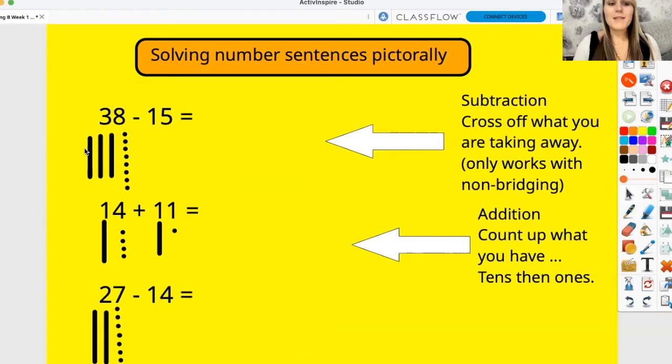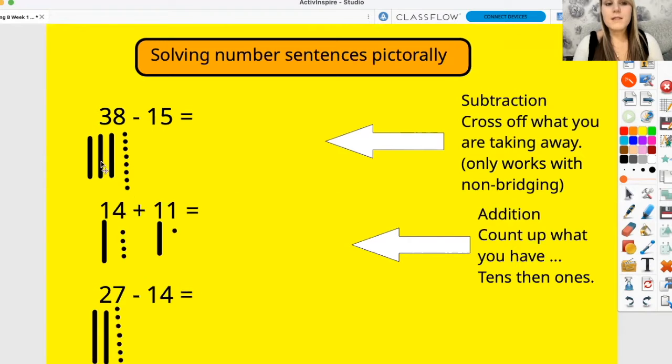It's basically drawing the tens and the ones for subtraction, only the first number. Something to mention here is this only works if the second number, the ones column, is less. If it was take away 19, this method wouldn't work.